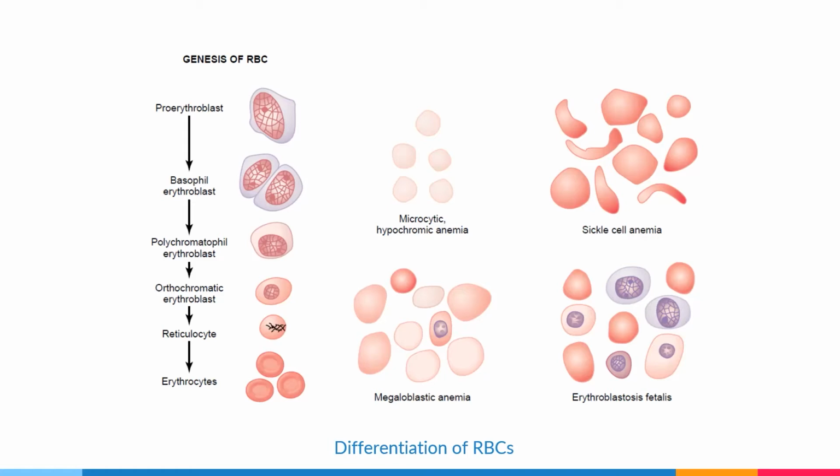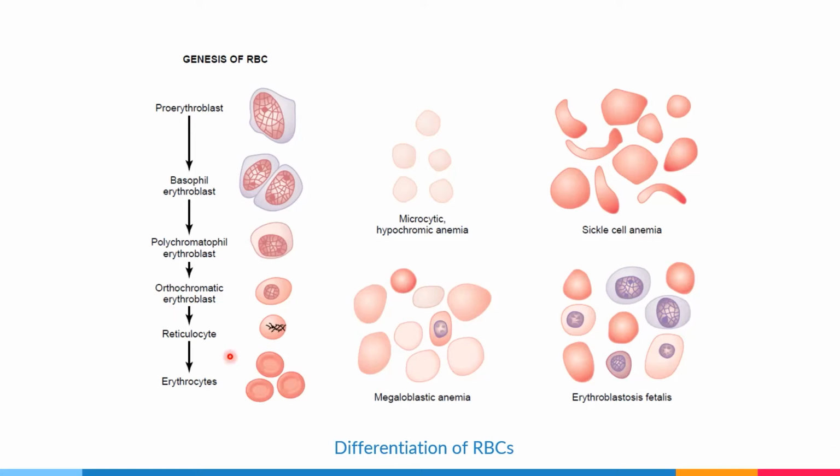Followed by that, after a lot of divisions, we get the reticulocyte, which contains still some amount of basic material, and hence can be stained by the basophilic dyes, and still contains remnants of Golgi apparatus, mitochondria, and a few cytoplasmic organelles.